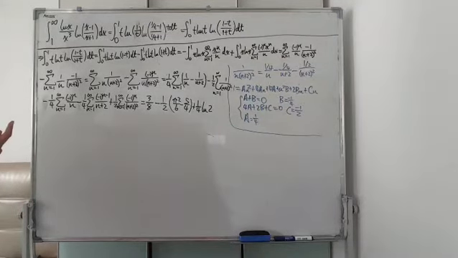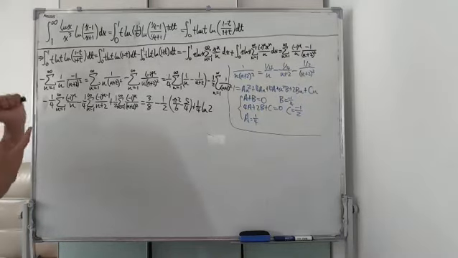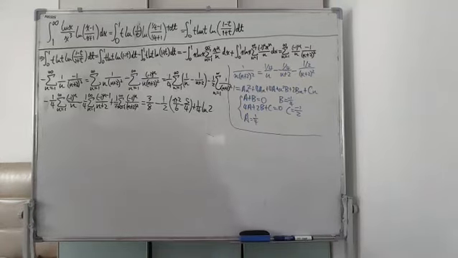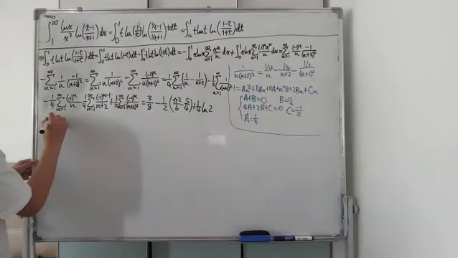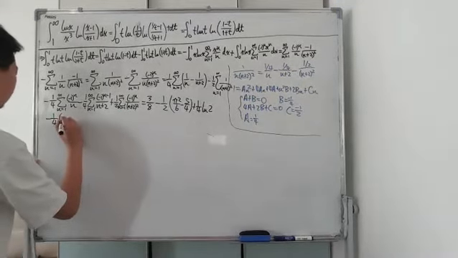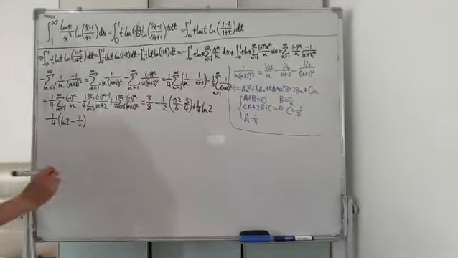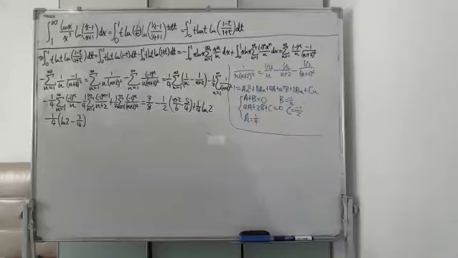So it's going to be minus 1 and then plus 1/4. So it's going to be minus 3/4, I think. So this is going to be minus 1/4 natural log of 2 minus 3 over 4. I hope this is correct. It might be wrong, but I'm doing this all in my head, so hopefully you will understand.